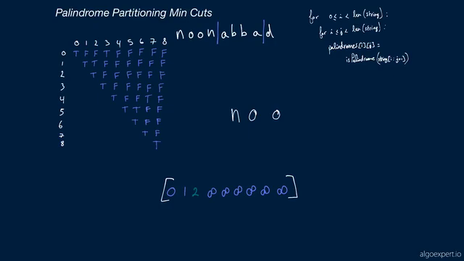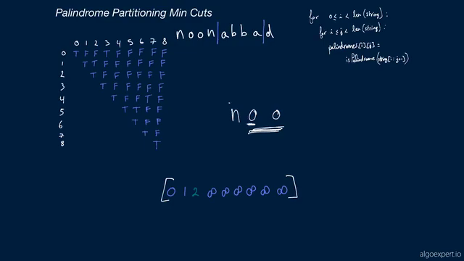Because we know that N-O-O is not a palindrome, but now we start iterating through this array, and we look through the string, and we look at what about the string OO, right? OO is a palindrome. So if OO is a palindrome, then let's look at the minimum number of cuts we needed for the index before our new started index, which is where the O is at.